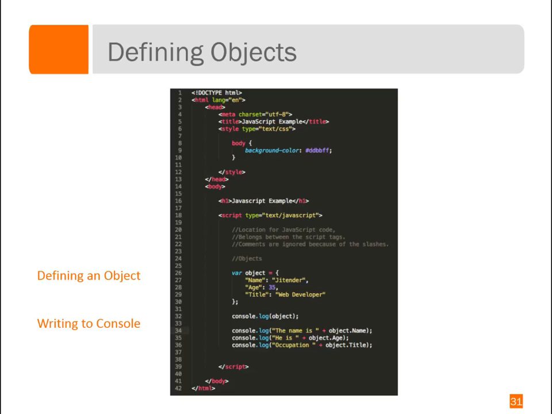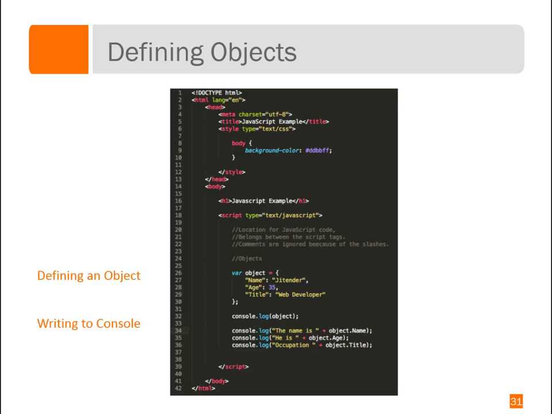Then age is our next object. The value is 35. And then title is the next object, and web developer is the value. Okay, so we've defined our 3 objects here.